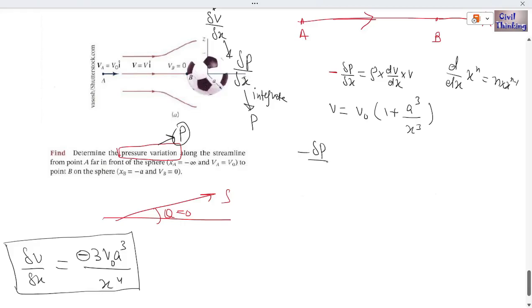Negative delta p by delta x is going to be rho times delta v by delta x, which is this: minus 3 v naught a cube divided by x power 4 times v naught times 1 plus a cube by x cube.